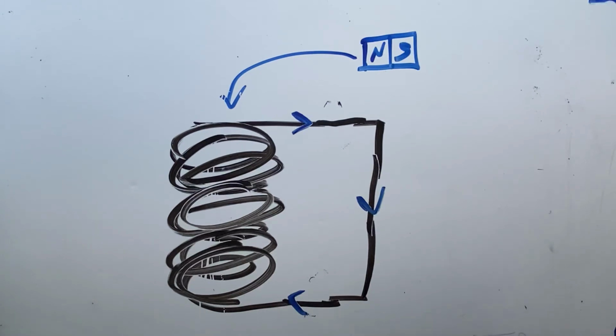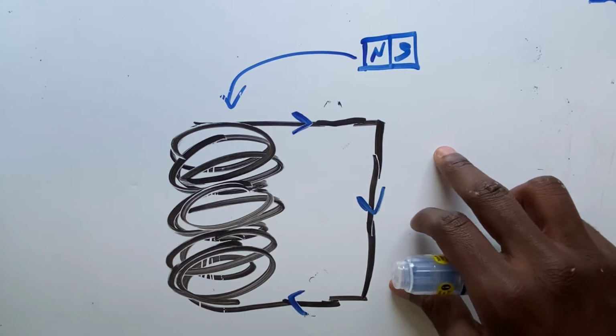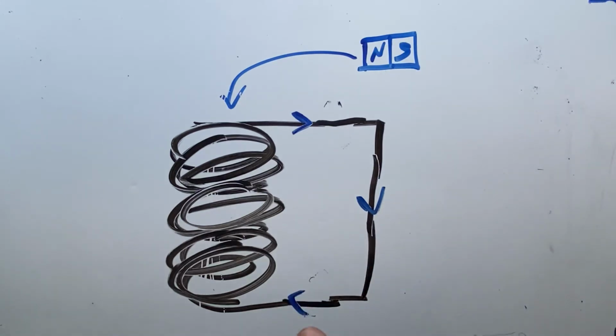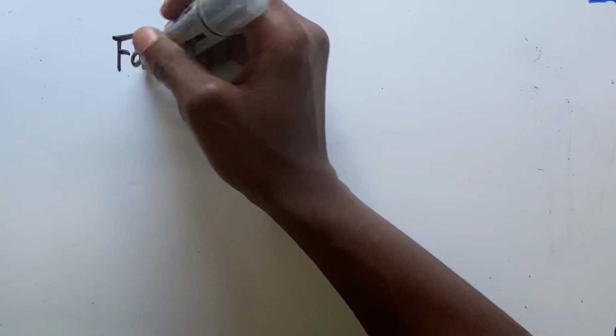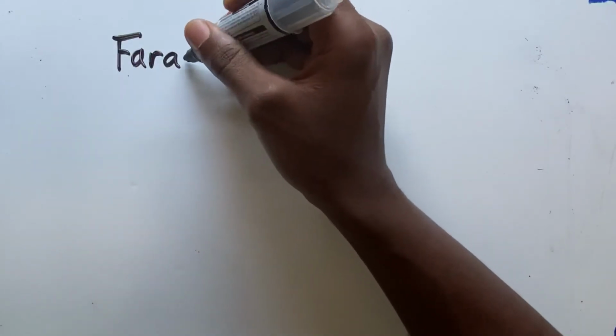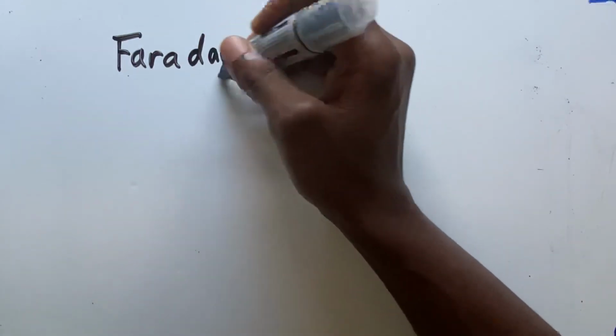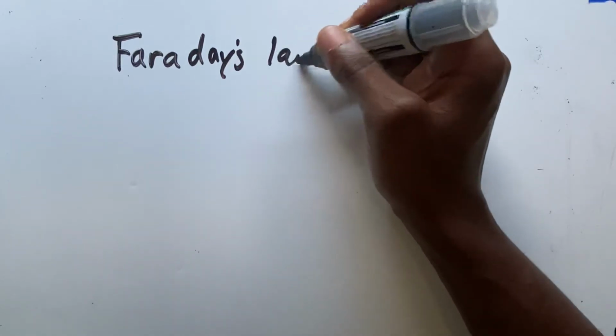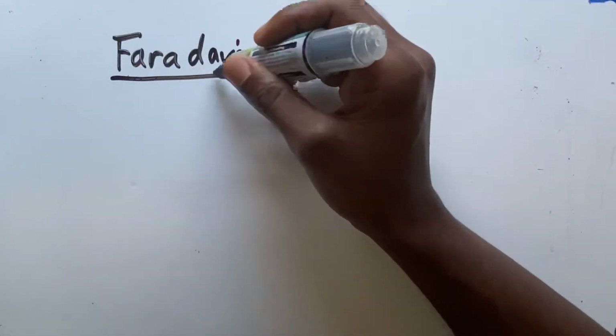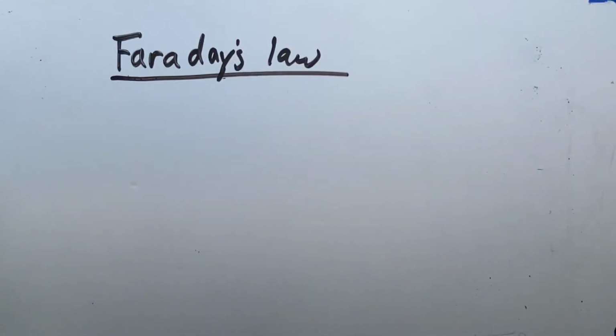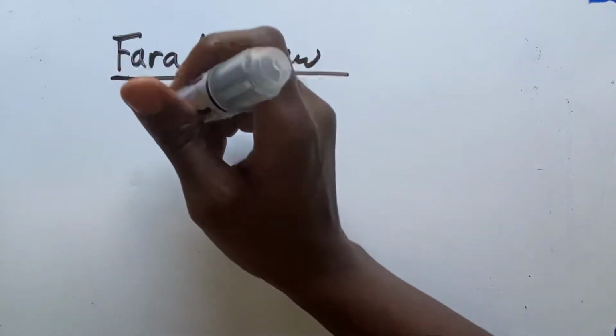And so that's basically called Faraday's law. So let me just put that into words. So now we have something called Faraday's law. And this is basically the law for inducing currents.